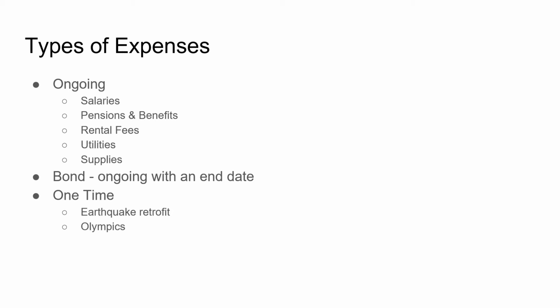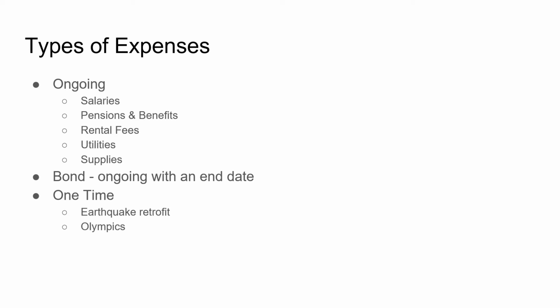These can be major capital projects. For instance, if you have to do an earthquake retrofit, that's not something you're going to have to do every year. If you have a major fire and you have all kinds of overtime because you paid the salary of all the firefighters, that is a one-time expense, hopefully.